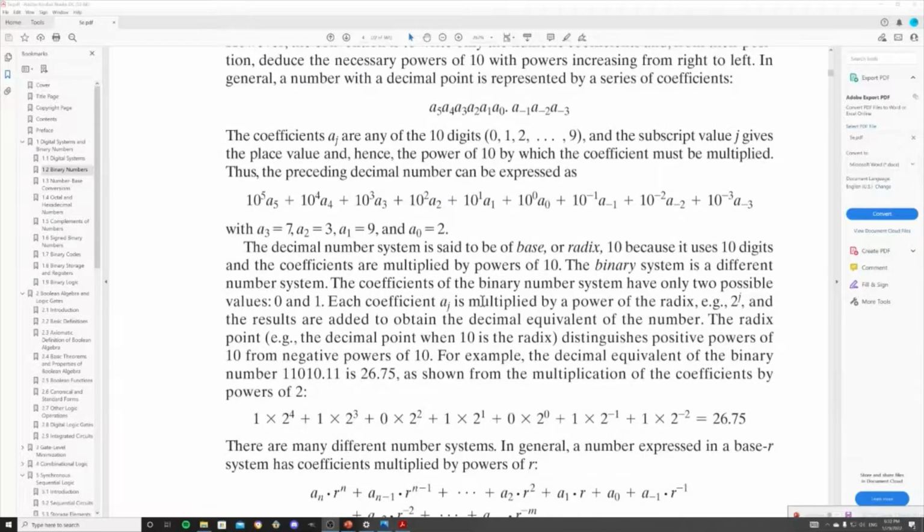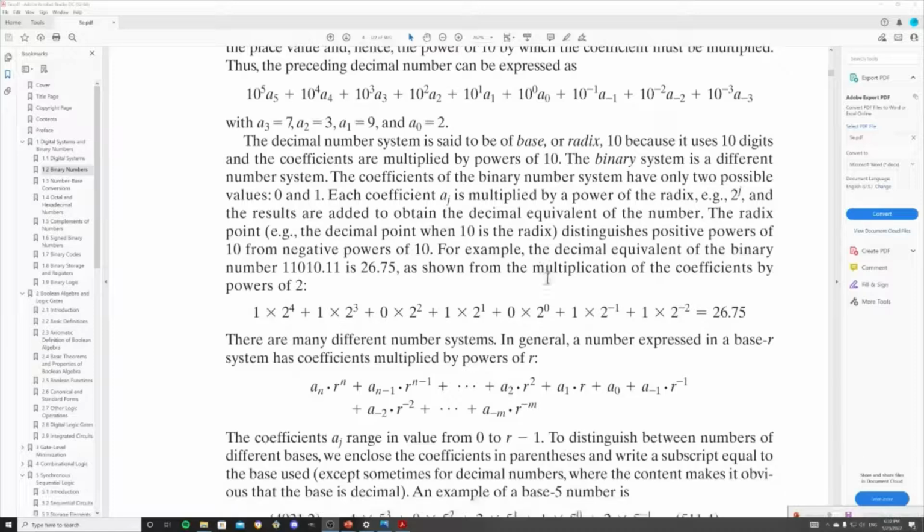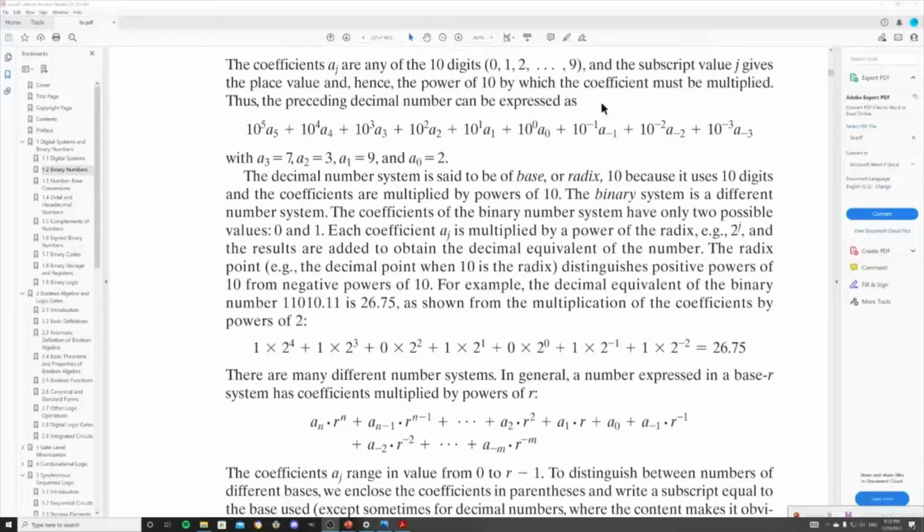All right. Then if we did the same thing with base 2, like with 26.75, the powers to the right-hand side are 10 to the minus 1, or 1/10.